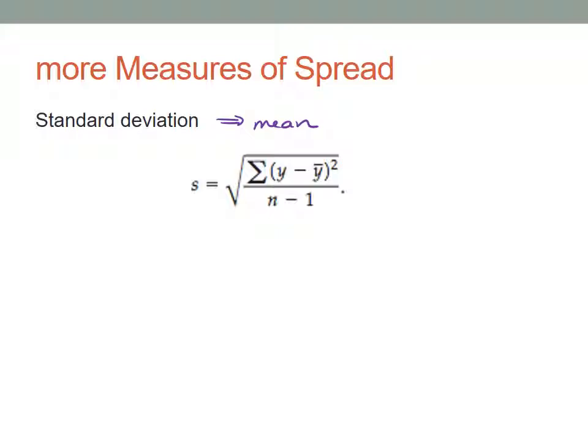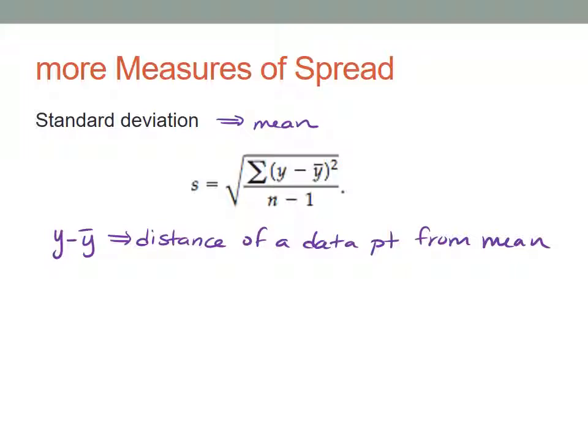Standard deviation takes, so y represents a value in your data set. And remember, y bar represents your mean. So when you take y minus y bar, essentially you're finding the distance of a data point from the mean.